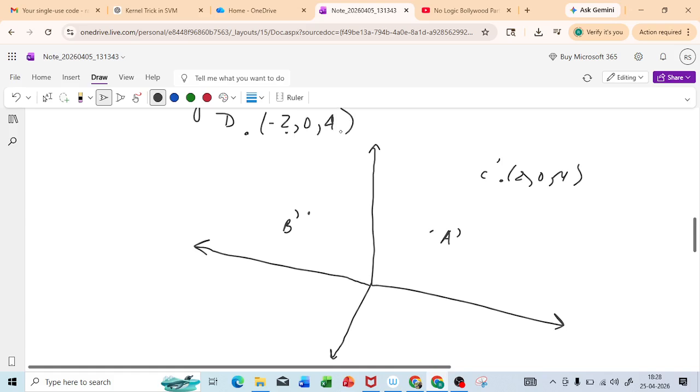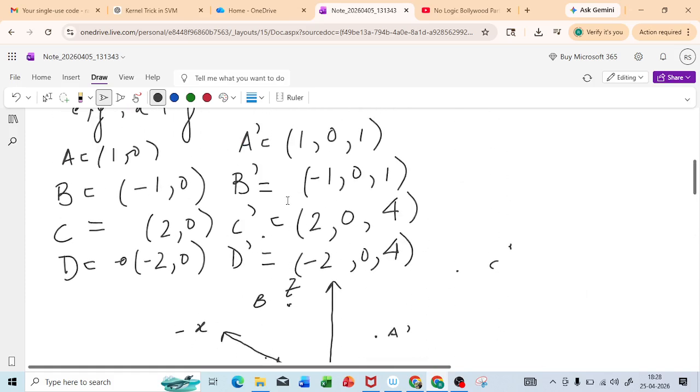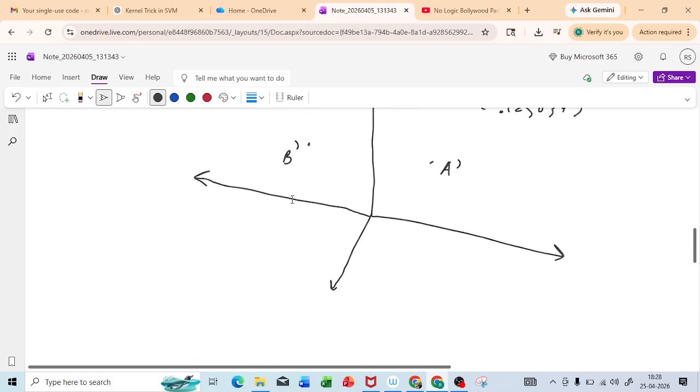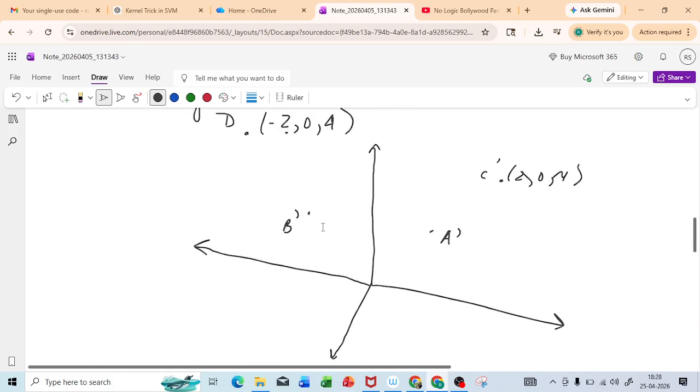Now you see, by using a third dimension of x square plus y square, we are able to put these points into a higher dimension. Initially it was in 2D, now we have put it into 3D, such that these points can be segregated by a particular plane.